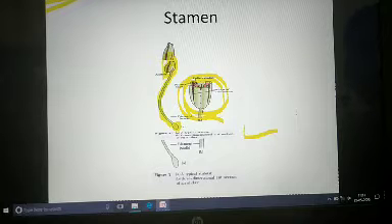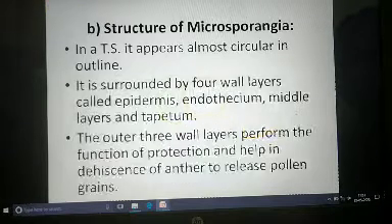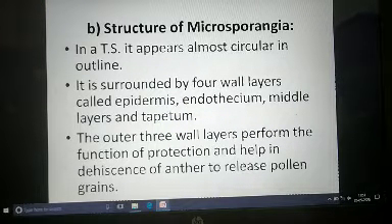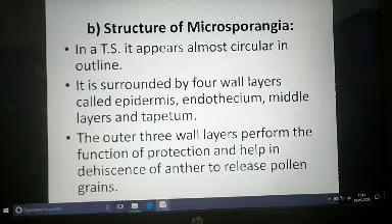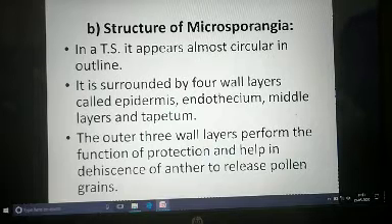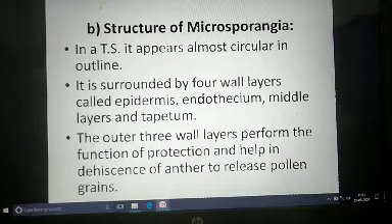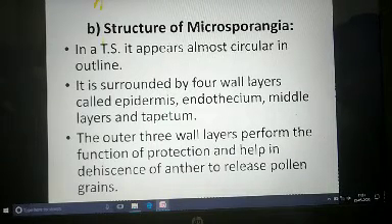Let us have a detailed and careful explanation about the microsporangia. Structure of microsporangia. TS stands for transverse section. In the TS, it appears almost circular in outline.